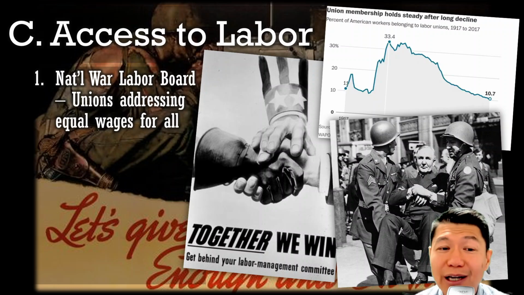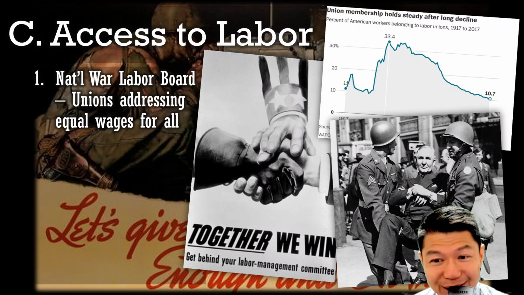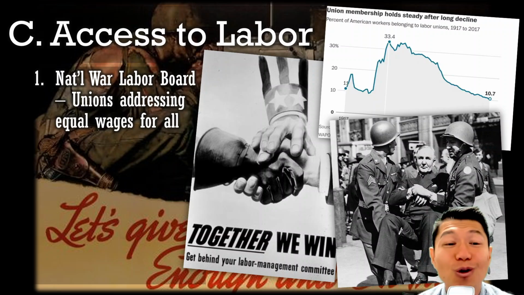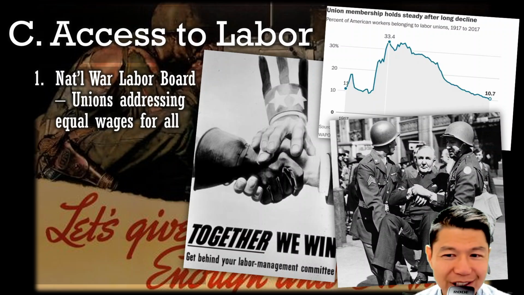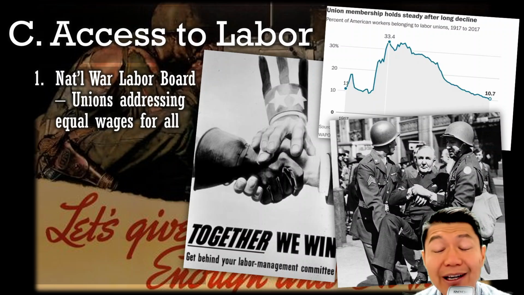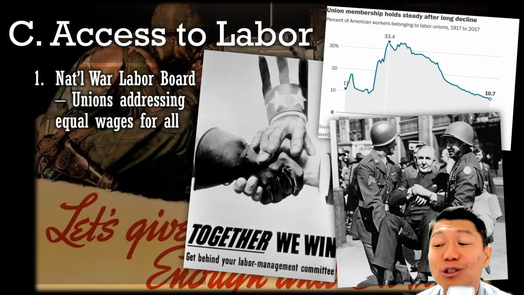And so they're going to try to address equal wages, or greater equality in wages, for all people. A great example of this, if you look at that picture on the right there: the president of the corporation Montgomery Ward, which is a department store with catalogs selling retail goods, ended up defying a pro-union order.